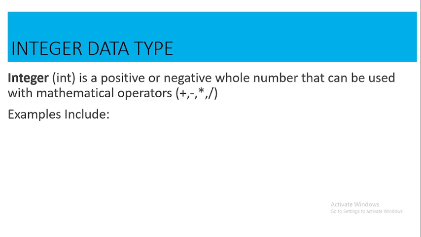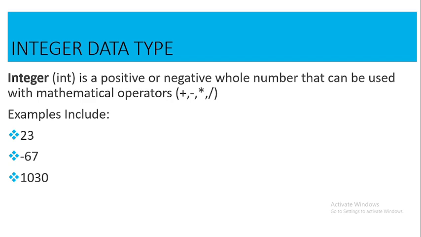We have some numbers that we write with dots inside them, but all the numbers that do not have dots inside them are known as integers, and they can be either positive or negative numbers. Examples are 23 without a dot, and negative 67.